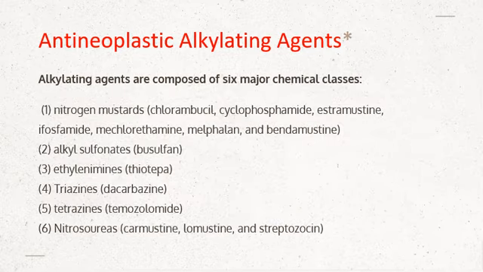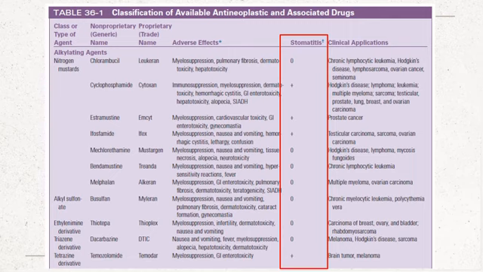So for the alkylating agents, this is composed of 6 major chemical classes. You have your nitrogen mustards, alkyl sulfonates, ethylenamines, triazines, tetrazines, and your nitrosoureas. Yan. So, ito yung important na table. Makikita siya sa reference material nyo by Dowd.